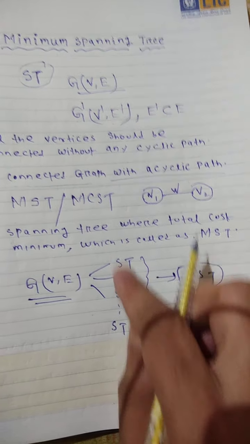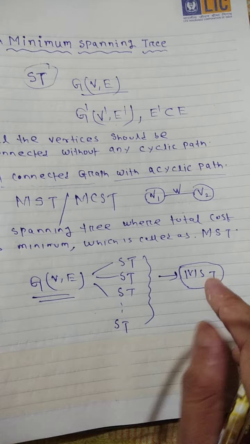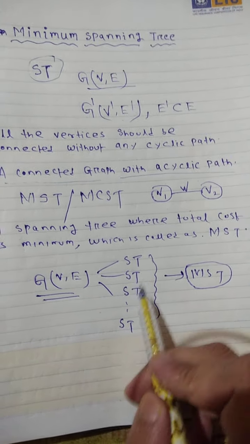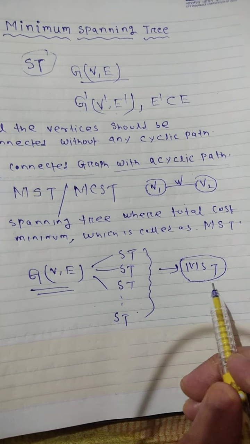These are the feasible solutions, and this is your optimal solution. This is also a greedy approach, where a number of feasible solutions exist, and from them we have to choose one, the optimal solution.